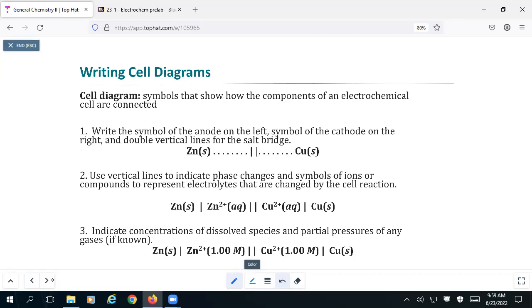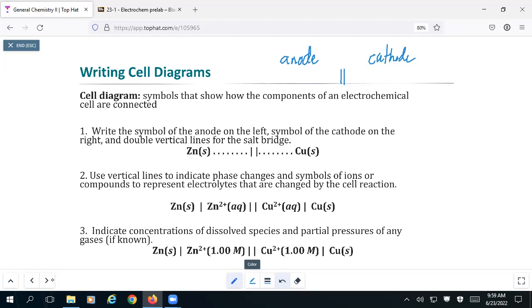In a cell diagram, we're going to have a salt bridge in the middle. That's what this double line is going to indicate. On this side of the salt bridge, we're going to have our anode information. On this side, we're going to have our cathode information.